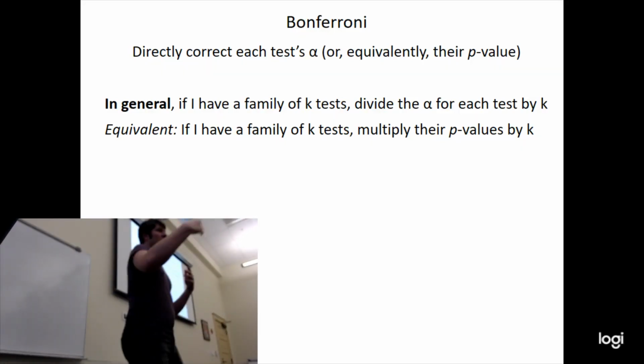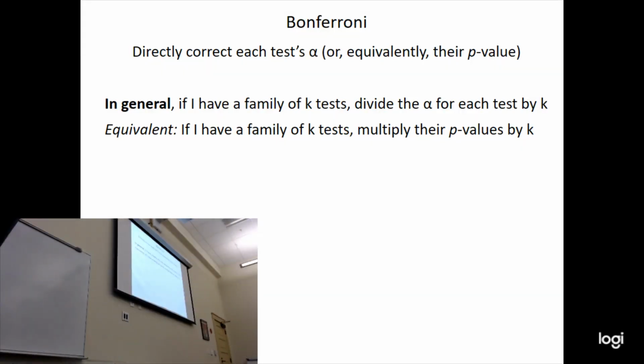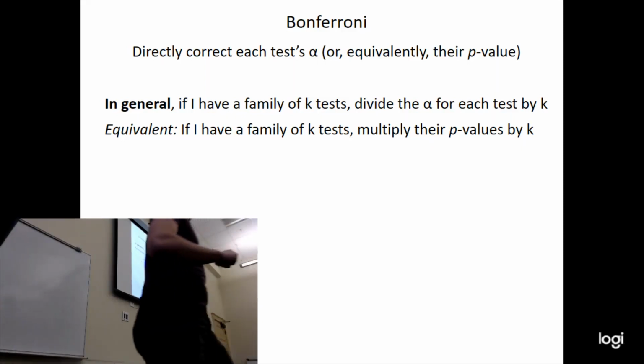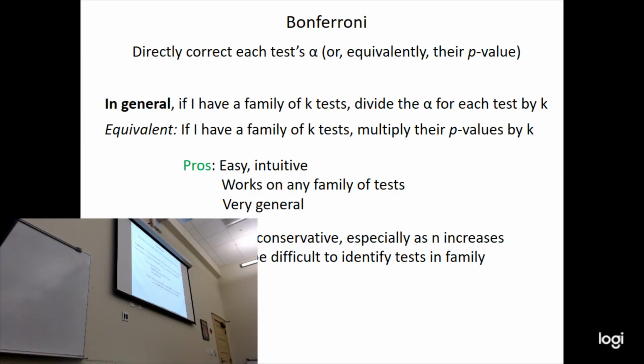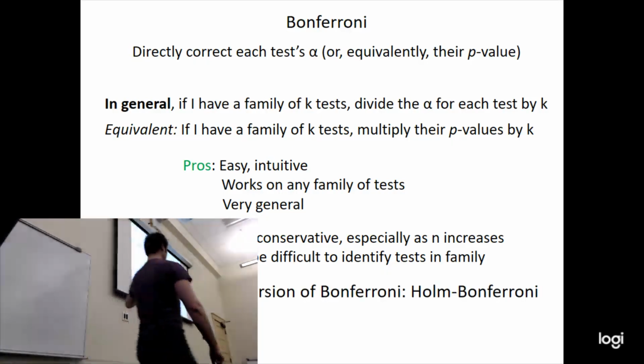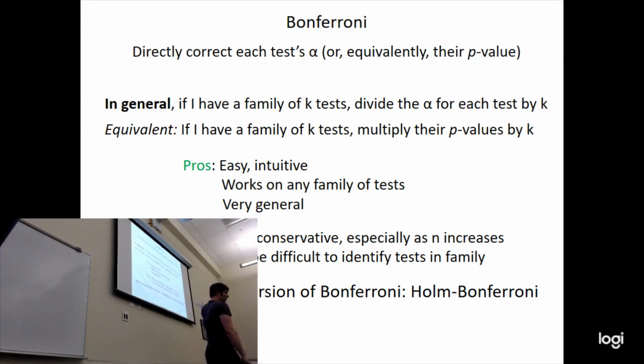So there are a bunch of improvements to this procedure to make the correction slightly less harsh. So instead of dividing the alpha level by 7, you divide it by some smaller number. You do a correction that's just a little bit less harsh. One of those methods is called the Holm-Bonferroni procedure.